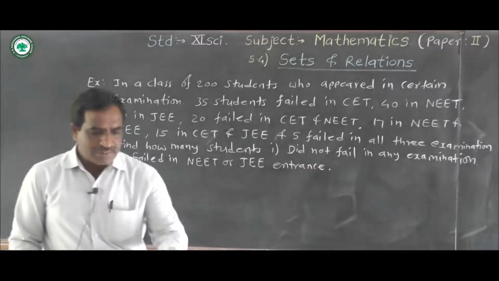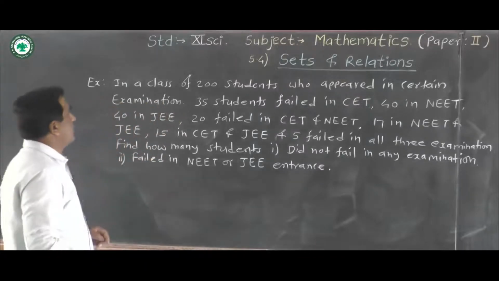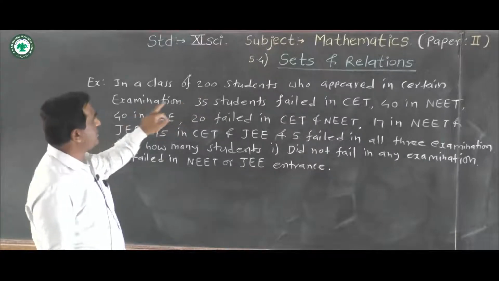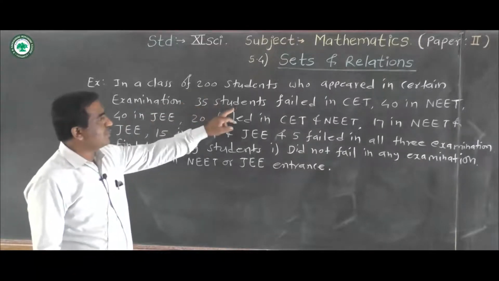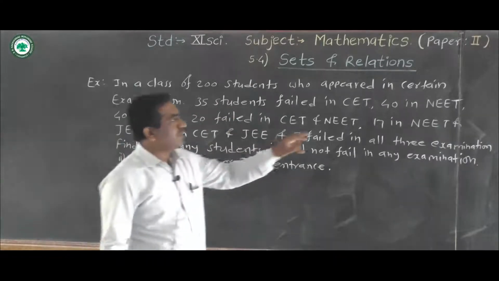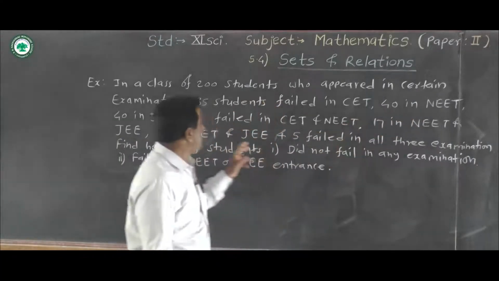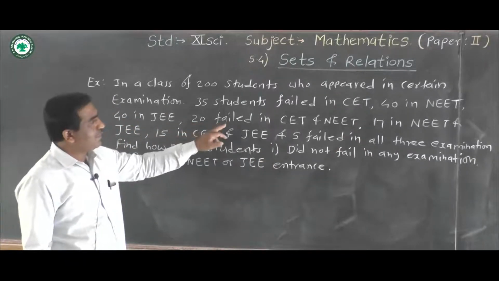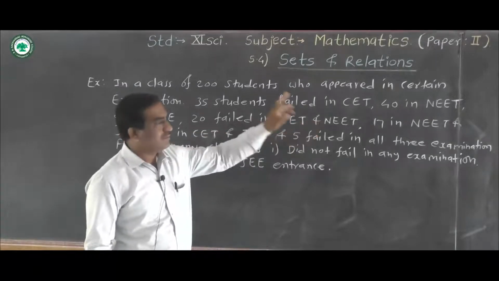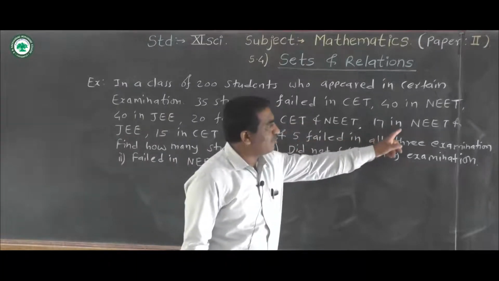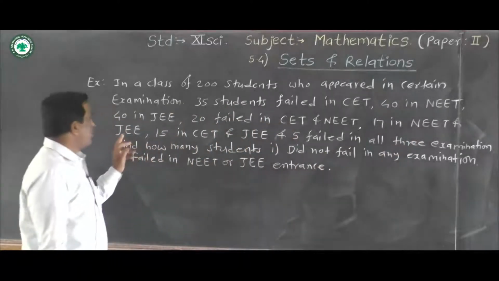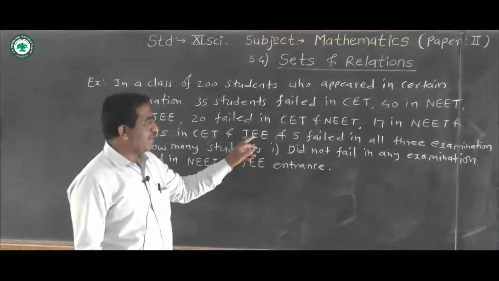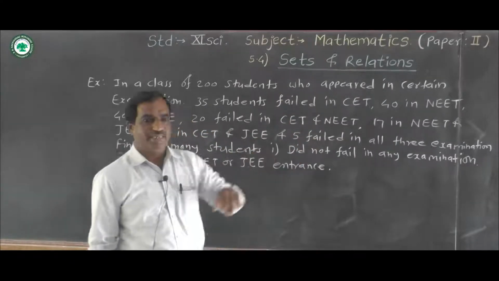Now this is the example. In this example, we are given that the total number of students in a class is 200, who appeared in the examination. Out of these, 35 students failed in CET, 40 students failed in NEET examination, 40 students failed in JEE examination, 20 students failed in both CET and NEET, 17 students failed in both NEET and JEE, 15 students failed in CET and JEE, and 5 students failed in all 3 examinations.